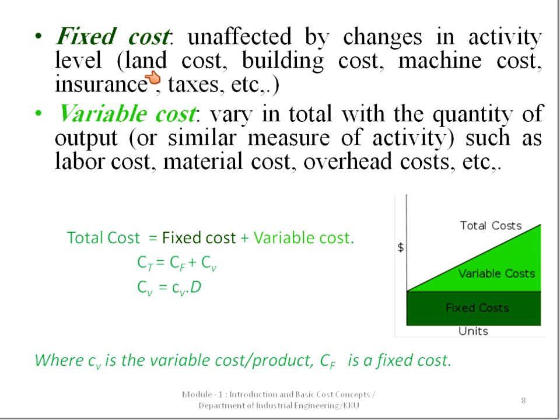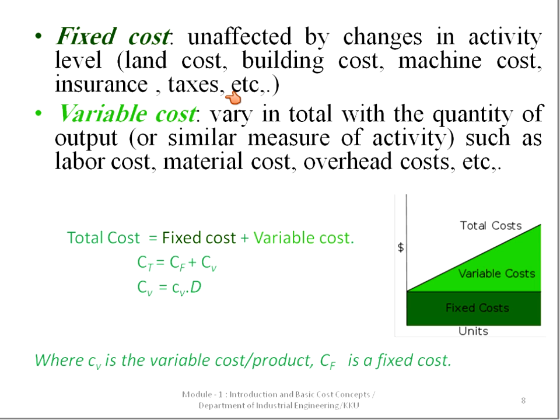For example, the cost of a land, the cost of a building, the cost of a machine, the cost of insurance. Every year you pay for the building, for the land, for the equipment, and the taxes. The taxes also you pay to the company, to the office, every year, annual tax.